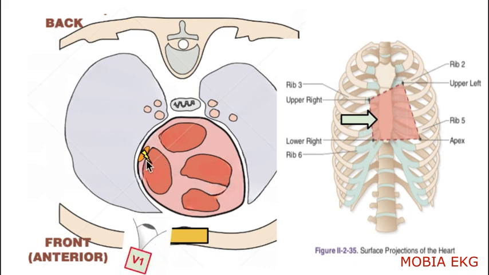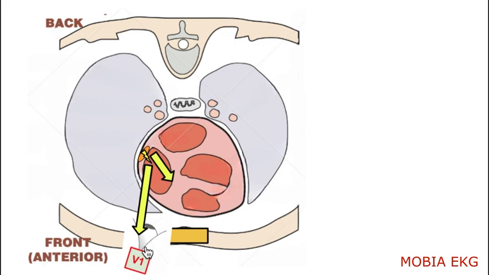We said the right atrium starts to depolarize. By activation of the right atrium, the depolarization wave is directed toward the right side, which can be detected by lead V1, and also inferiorly toward the AV node.